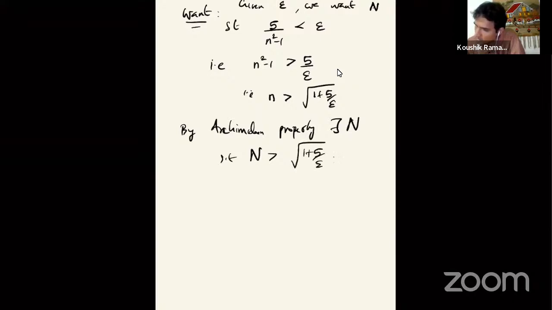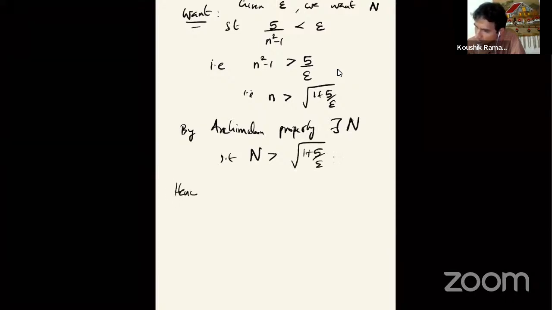So now by the Archimedean property, there exists a capital N such that N is bigger than the square root of 1 plus 5 by epsilon.